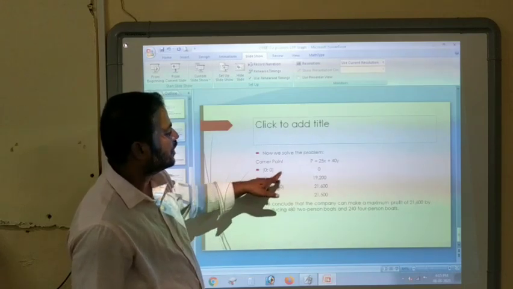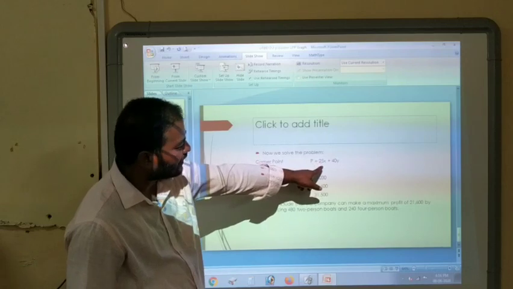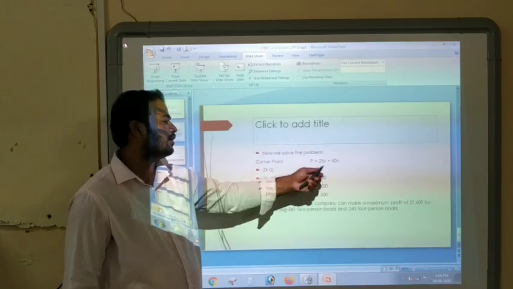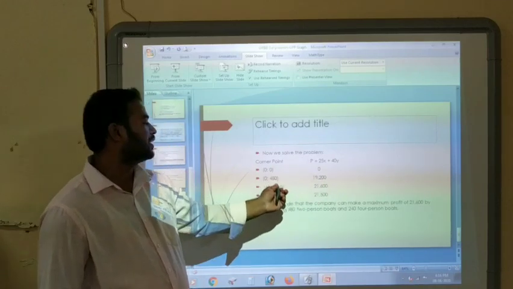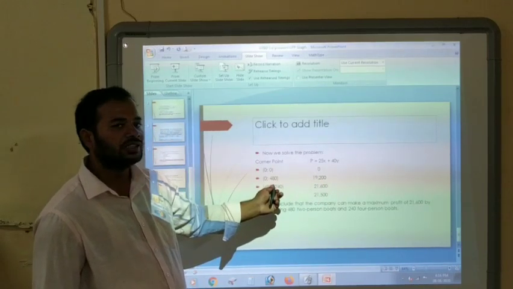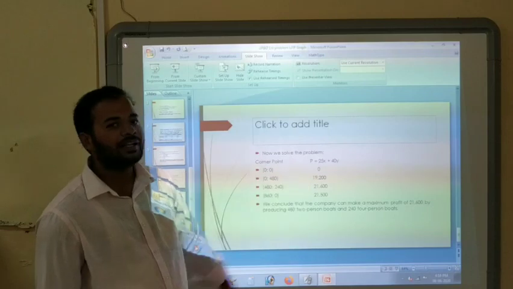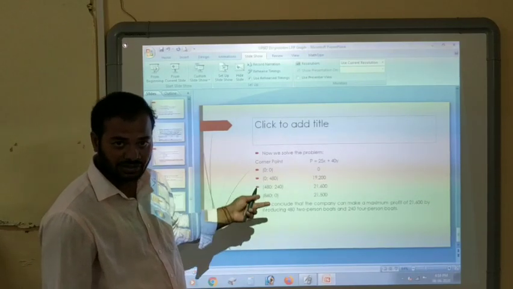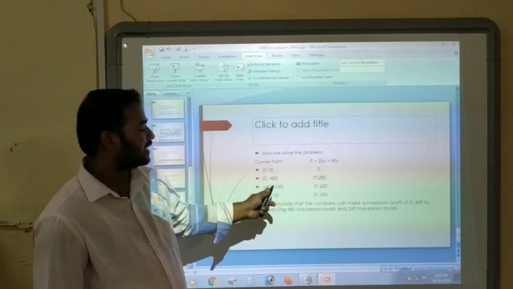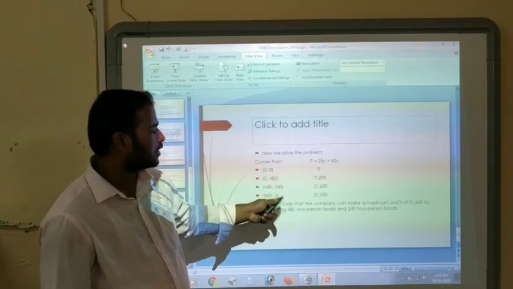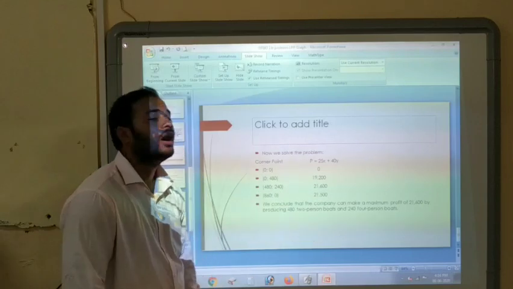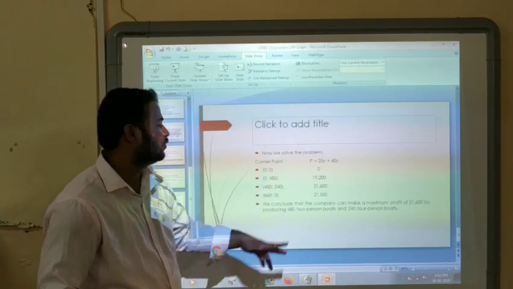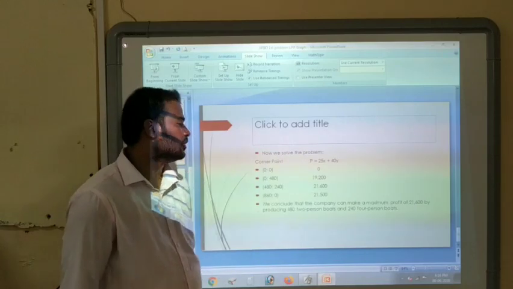Now, putting these values into the equation P = 25x + 40y, at corner point A we got the value 0. At corner point B, where x is 0 and y is 480, we got a total value of 19,200. At intersection point C, with x value 480 and y value 240, we got a total value of 21,600. At corner point D, with x value 860 and y value 0, we have a total value of 21,500.